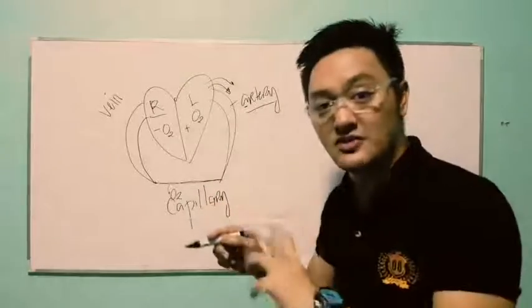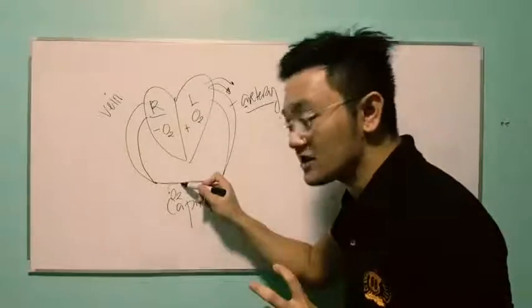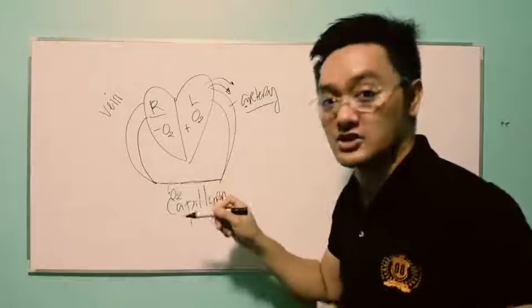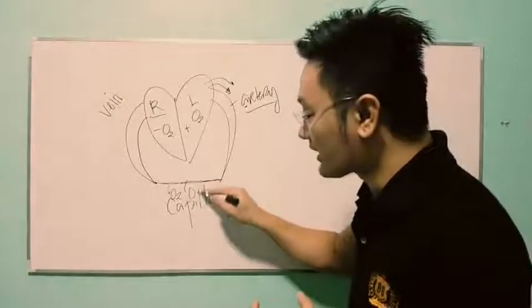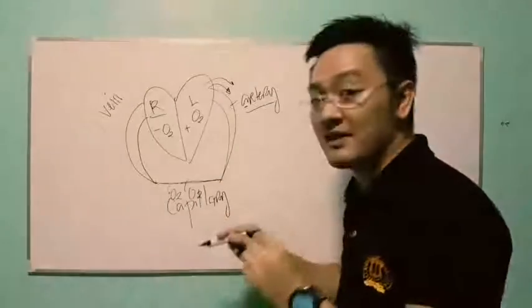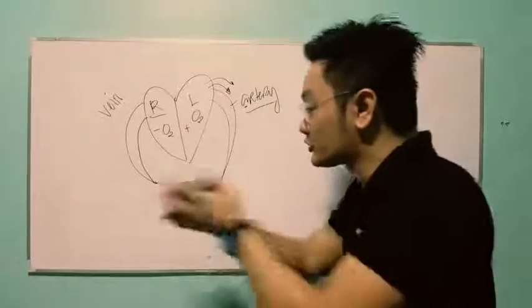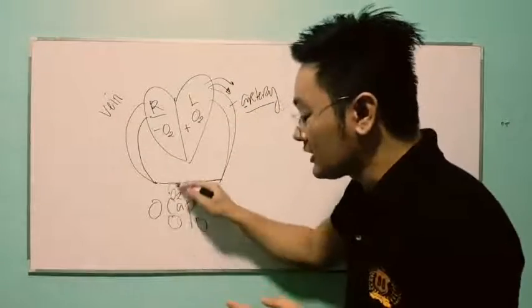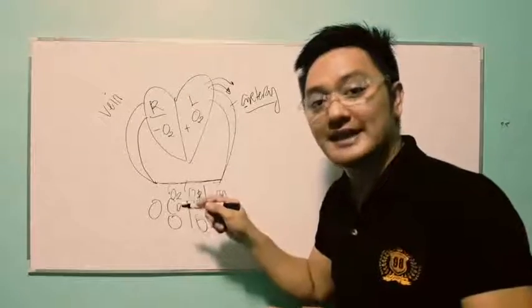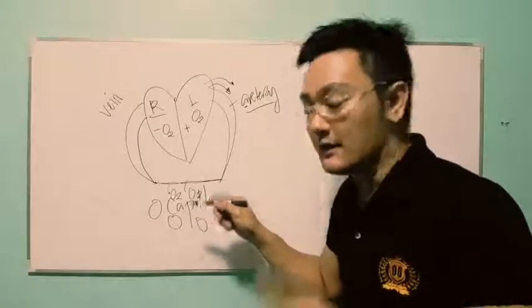Remember diffusion: movement of molecules from a higher concentration to a lower concentration. That is why, when blood passes the capillary area, the oxygen it carries diffuses to your cells. We call this a form of internal respiration.